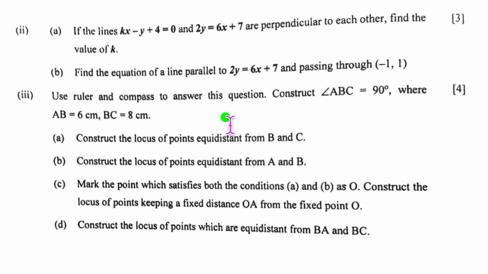Using ruler and compass to answer this question, construct angle ABC 90 degrees where AB is 6 centimeters and BC is 8 centimeters.